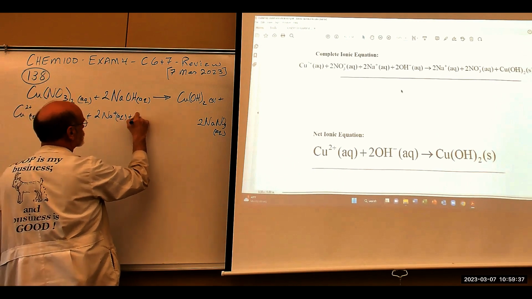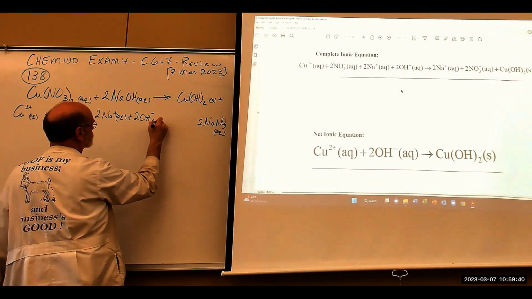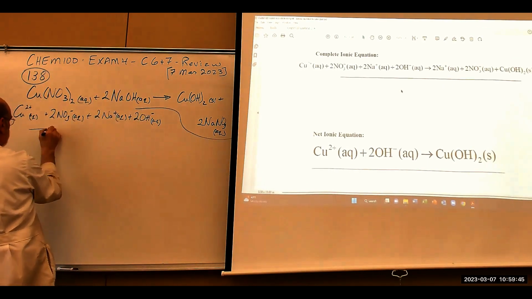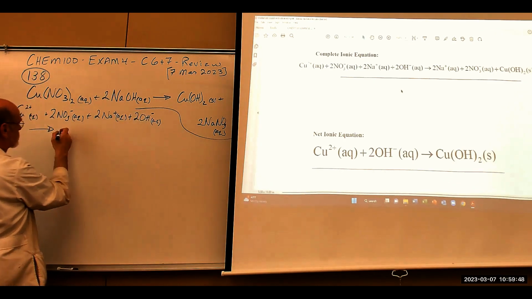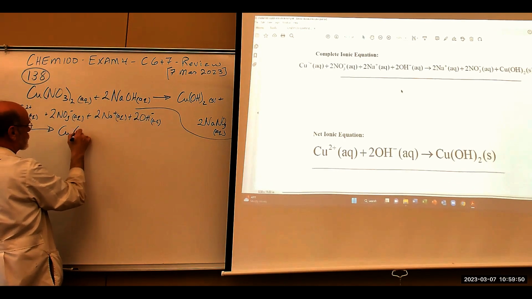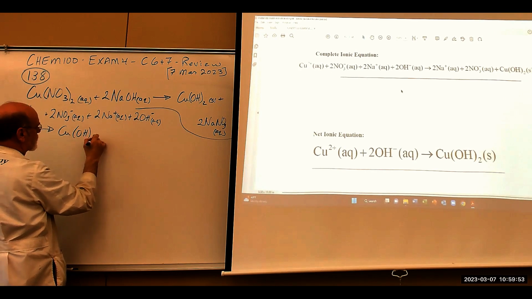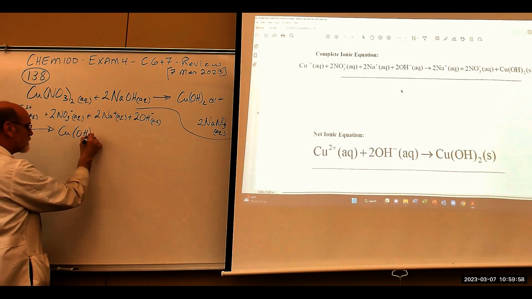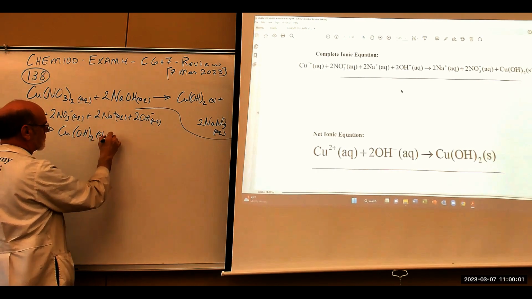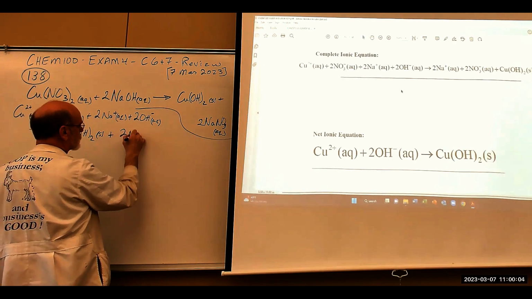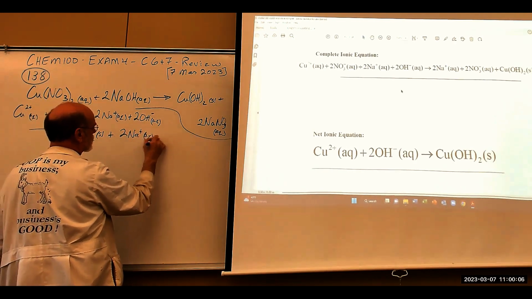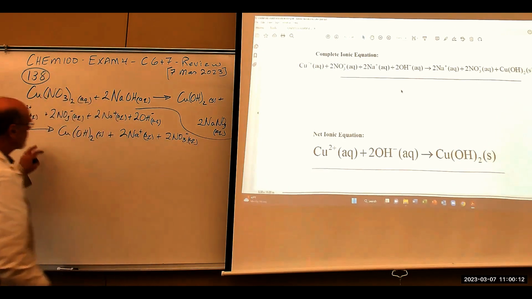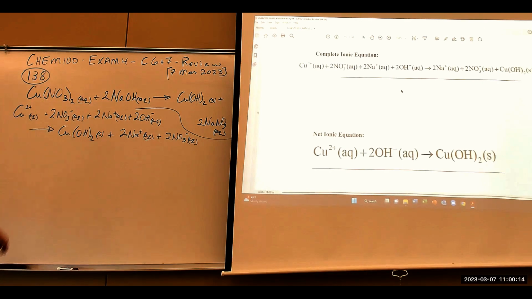And we have 2 hydroxides in aqueous solution. Now on this side, we have the solid. 2 copper hydroxide. Oops, my mistake. That should be a 2 and solid. And then we have 2 sodiums in aqueous solution plus 2 nitrates in aqueous solution. That's the complete ionic equation, and it should match that one.